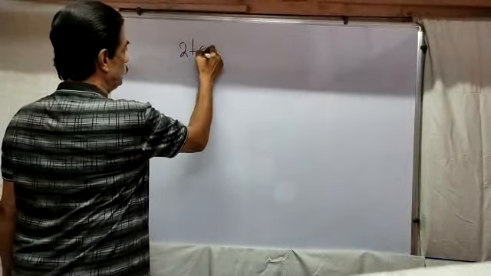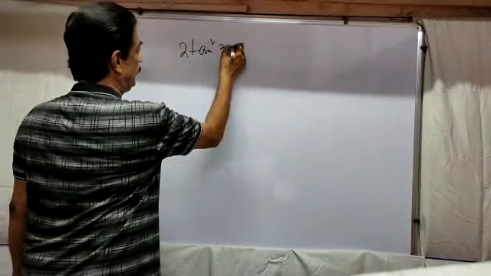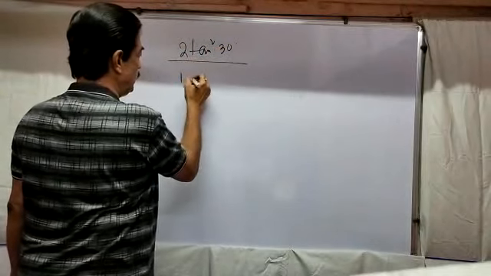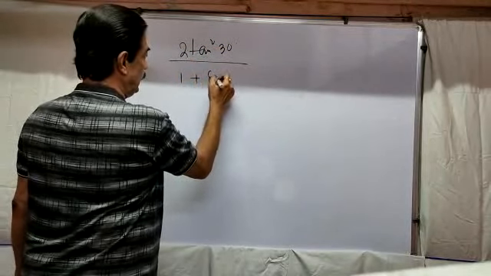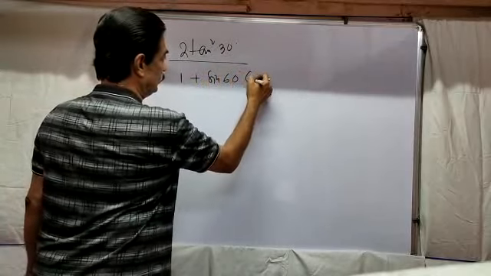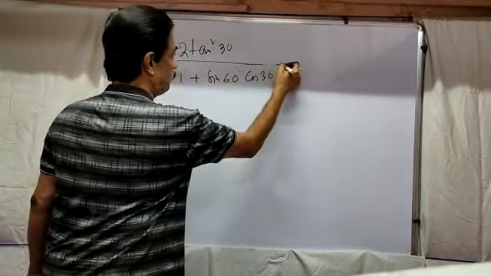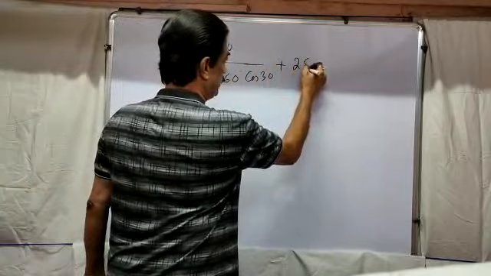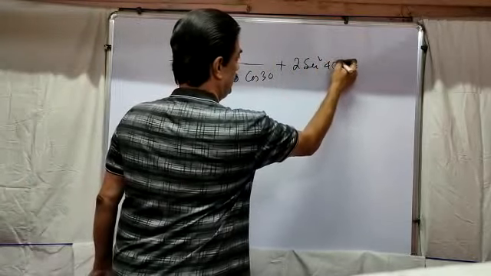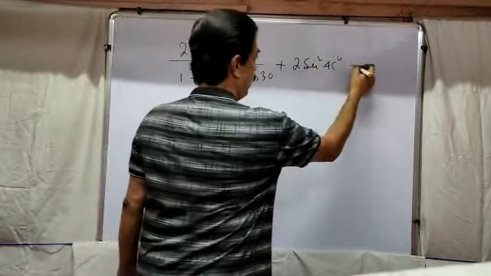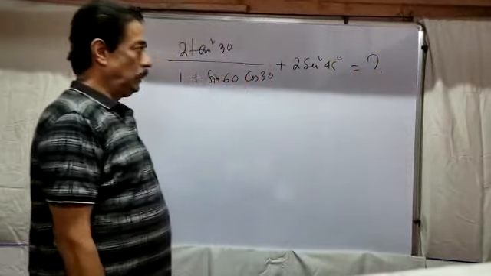find the value of 2 tan square 30 by 1 plus sin 60 cos 30 plus 2 sec square 45 degree equal to how much?